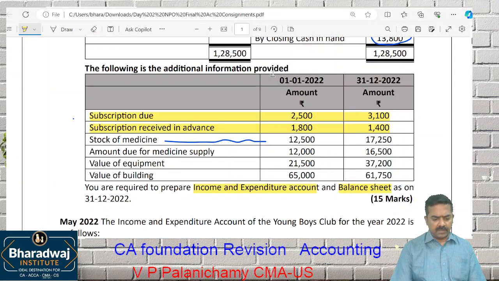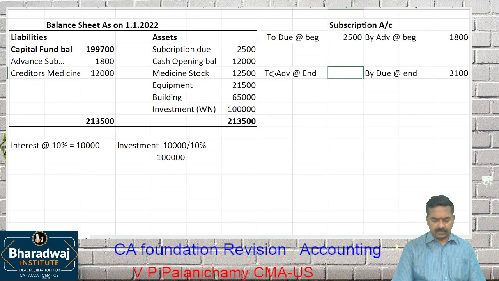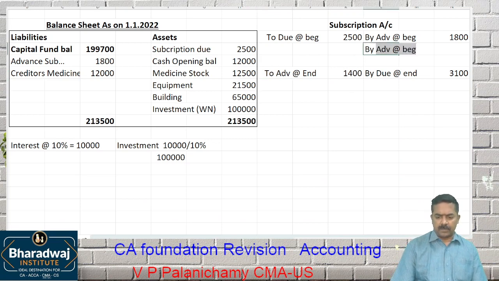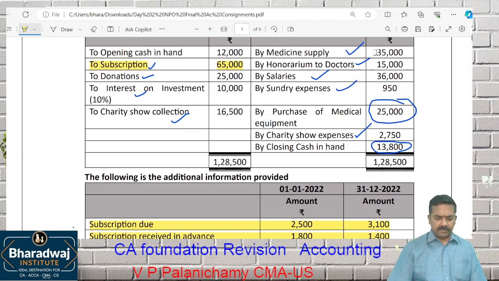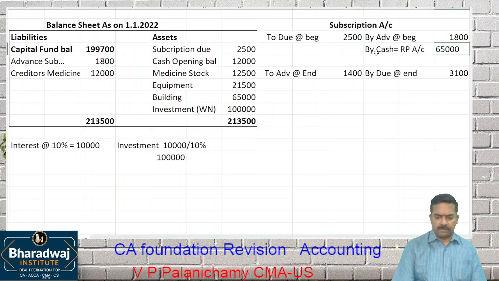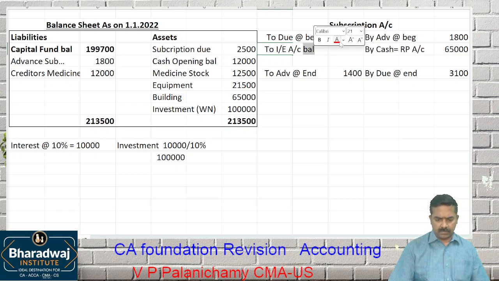Advance at the end of the year. Receipts and payments account la parunga by cash. That is there in receipts and payments account. What is the amount received? 65,000. If you tally this, you will get the income for income and expenditure account. 6,000.